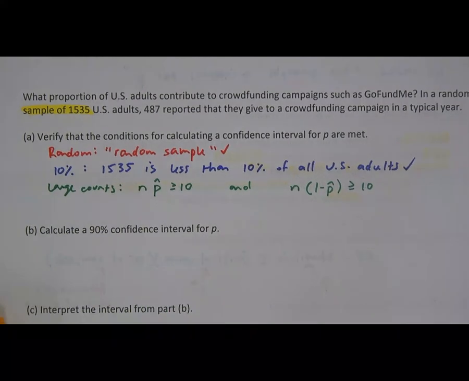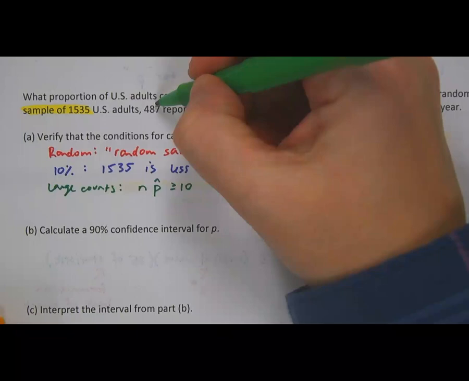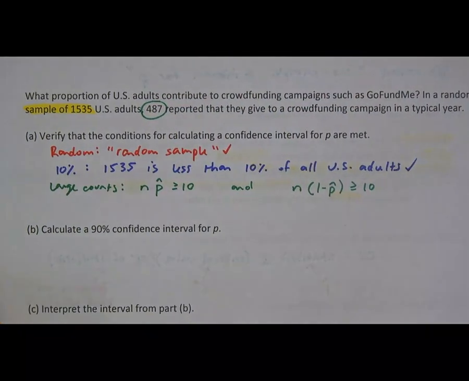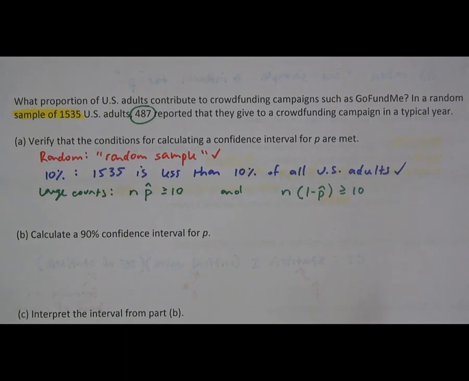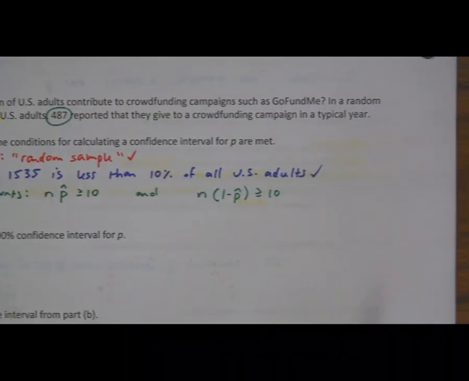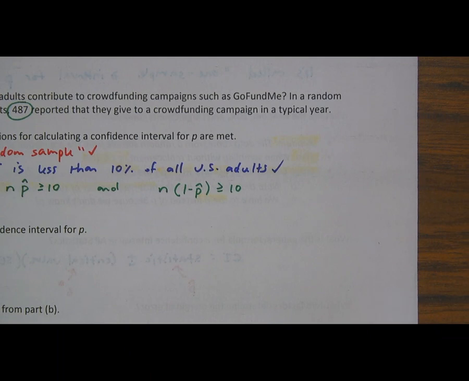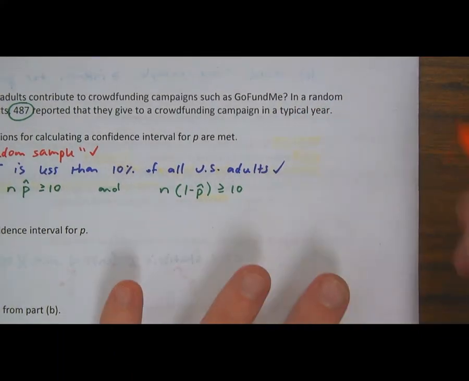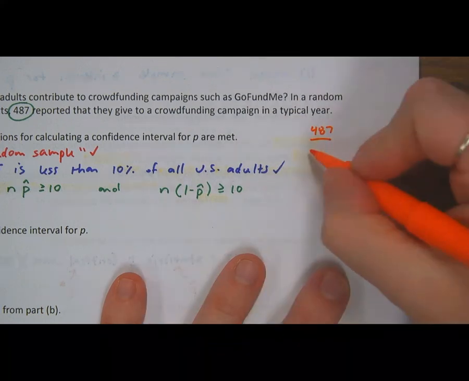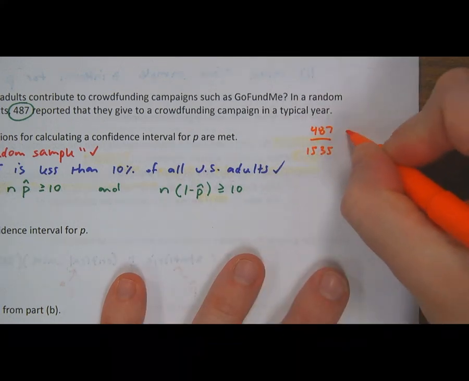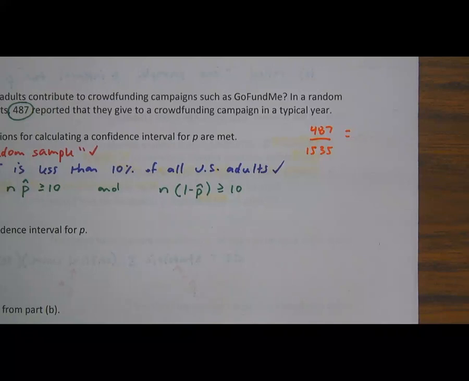So the sample size is 1535, and I'm going to multiply that by, okay, now wait a minute. It says 487 said that they gave to a crowdfunding campaign. That means I need to take a second out to the side, because it didn't give you p-hat. You need to find it: 487 out of everybody in the sample said they gave to crowdfunding.